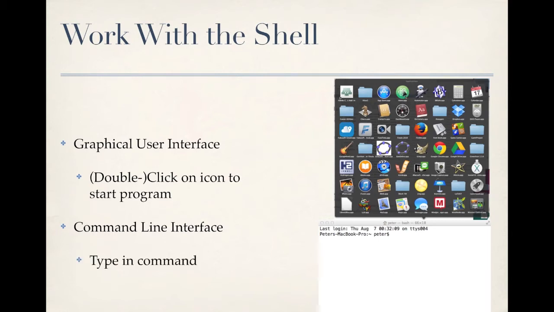So for our example with the Atom editor, we have to type in the command atom, hit return, and then the program starts. This means that we have to memorize a few commands to do our work.